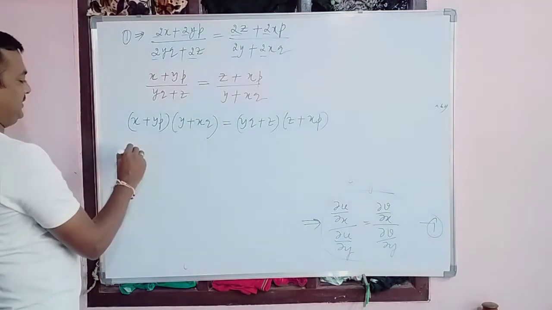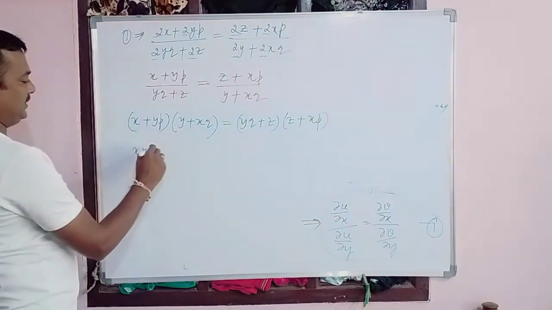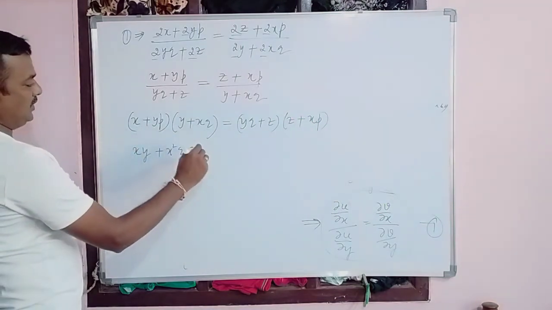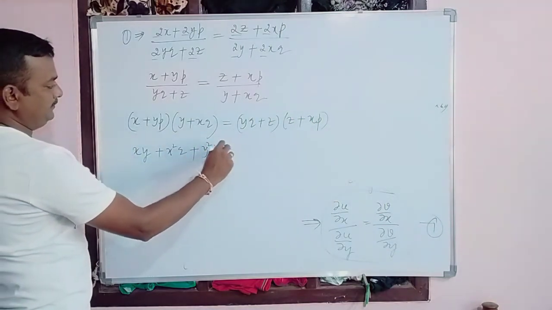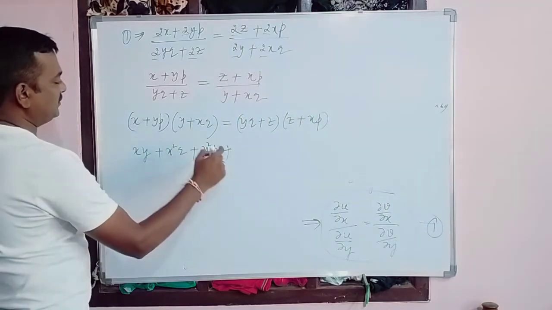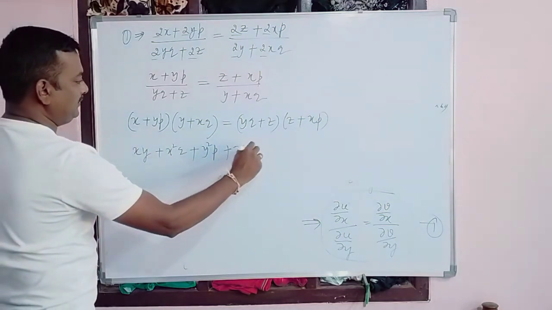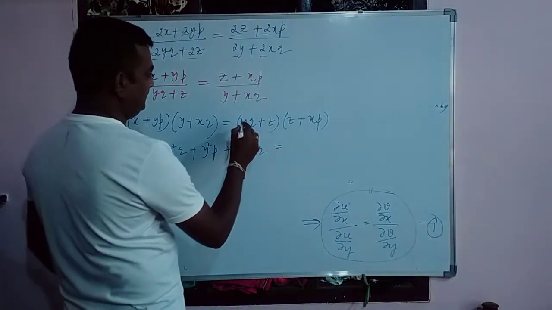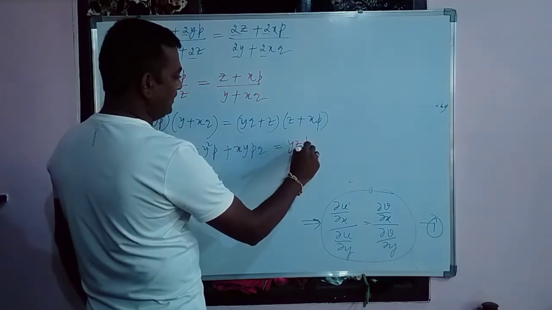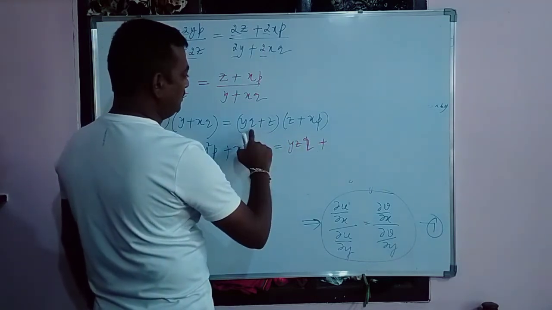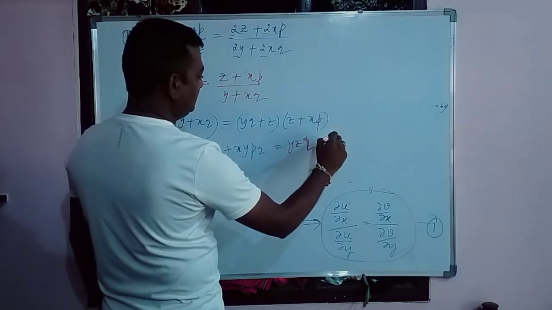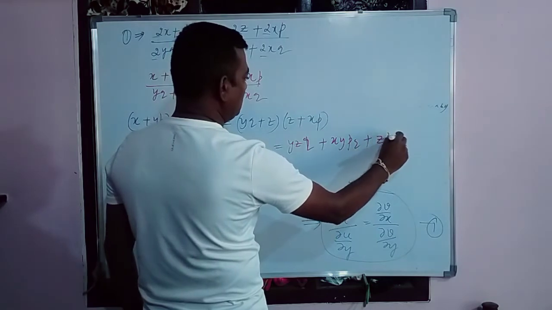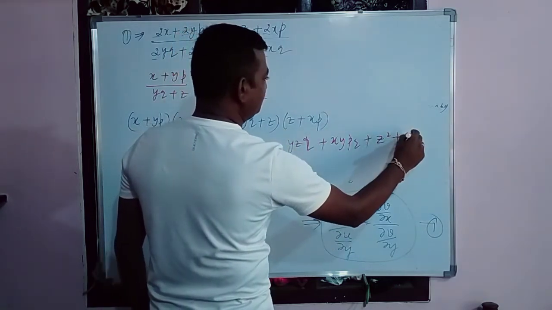Now x into y is xy, x into x q is x square q, y p into y is y square p, plus xy pq is equal to yz q, plus xy pq, plus z square, plus zx p.